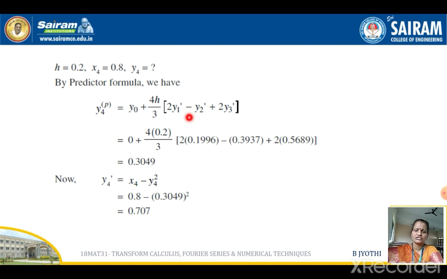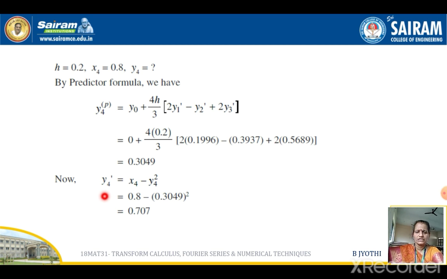That value is 1.1. Now let us substitute these values. So y naught is 1, h is 0.1, so it is 0.1 by 2 times f of x naught comma y naught, which is 1, plus f of x1 comma y1 of 0, substituted with x1 and y1 of 0.